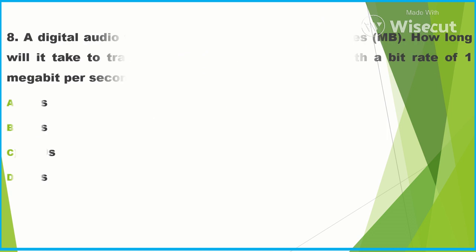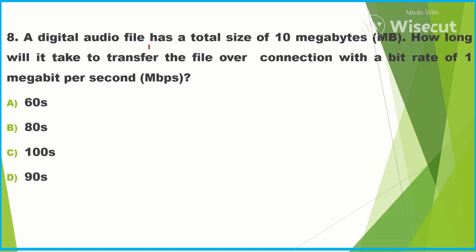Okay. Next question, a digital audio file has a total size of 10 megabyte. How long will it take to transfer the file over a connection with a bit rate of 1 megabit per second? Here it is megabyte and here it is megabit. So first we need to convert the file size from megabyte to megabit.